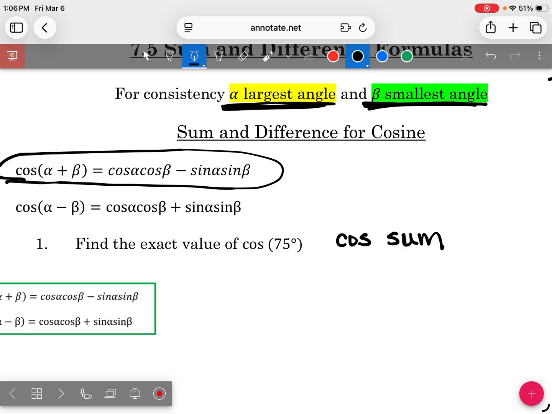We need to find 2 angles on our unit circle that add to 75. So any idea of 2 angles that are on my unit circle that I can add together to get 75? 45 and 30, I agree. So I'm going to take the cosine and put 45 first, 30 second. So my alpha angle is 45 and my beta angle is 30.